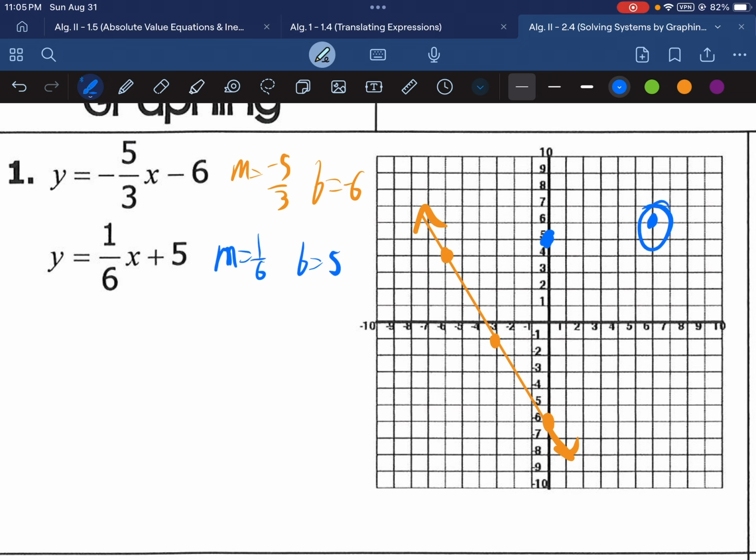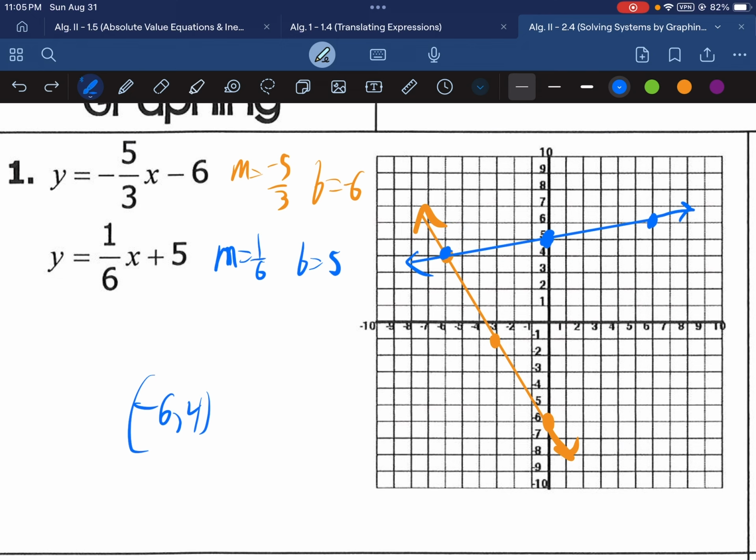You don't necessarily need to graph that point, but if you graph it, it's not wrong either. But the direction I do need to go is down and to the left here, which would be right there. And so as I connect these points, whether you include the top right one or not, we end up getting our intersection of negative 6, 4. And that's the ordered pair that they both touch at, or intersect, or cross.